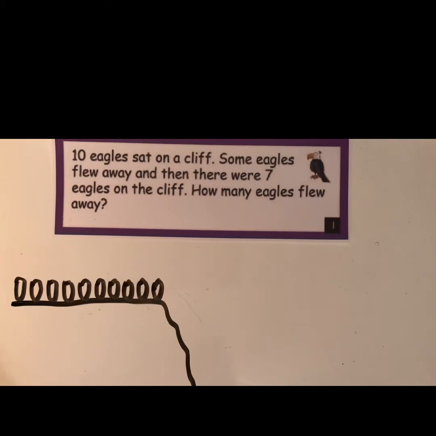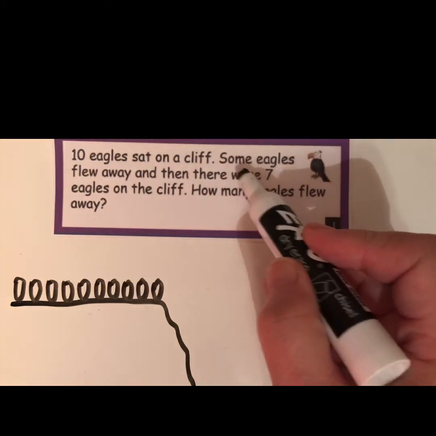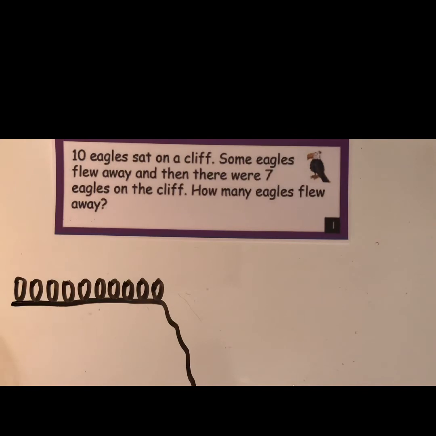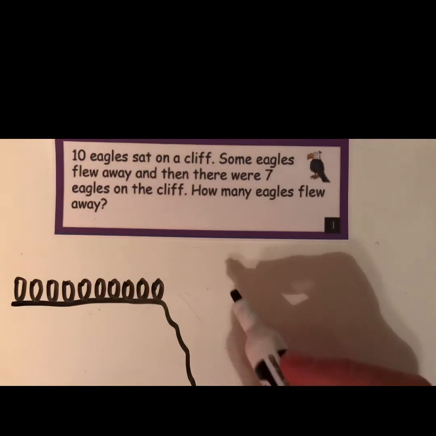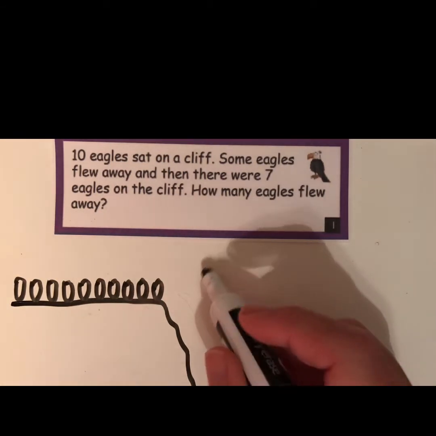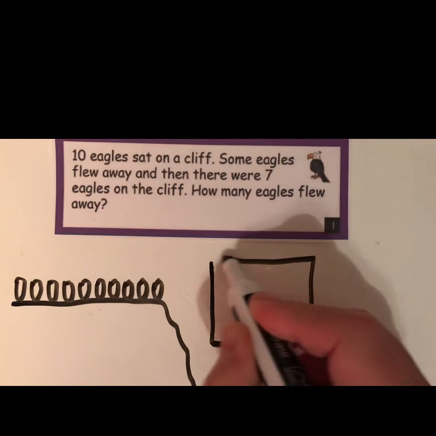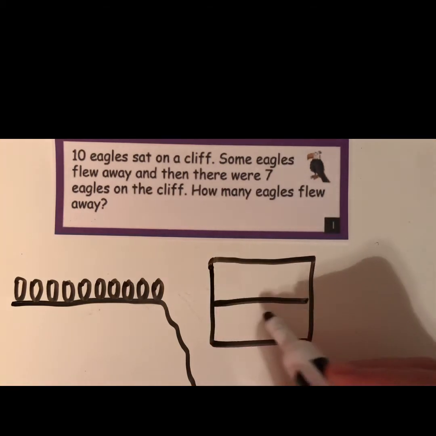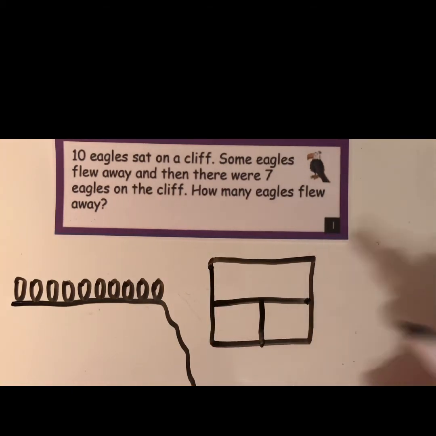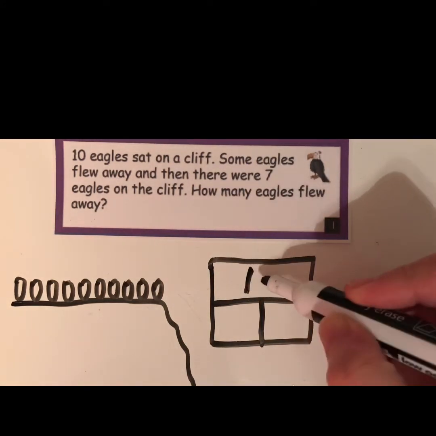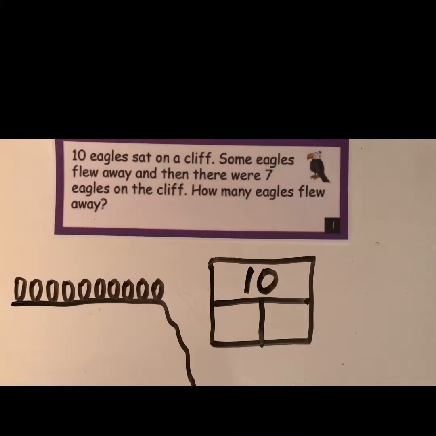Now, it's interesting, this word some, that means we don't know how many flew away. But we know after some flew away, there were 7 left. So 7 gives us the part that we know. So the total, we had 10 eagles sitting on a cliff.